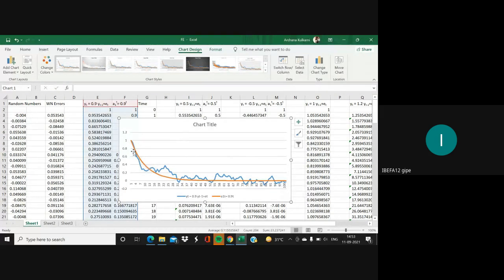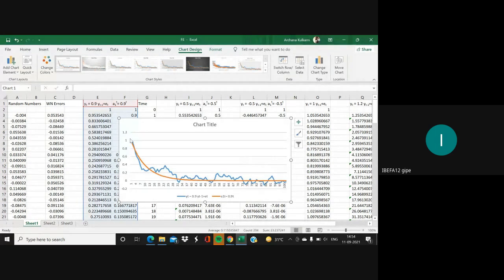In the general solution, the errors are multiplied by this coefficient a1 raised to the power t. Also, the initial value y naught is multiplied by a1 raised to the power t. That is how this term pops up in the general solution for the first order difference equation.